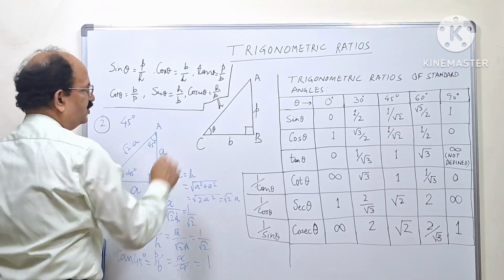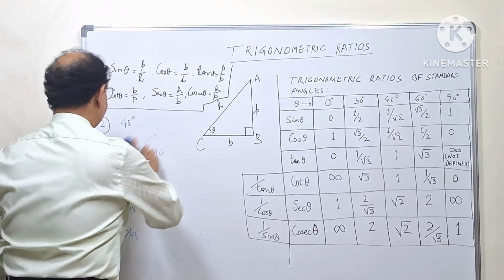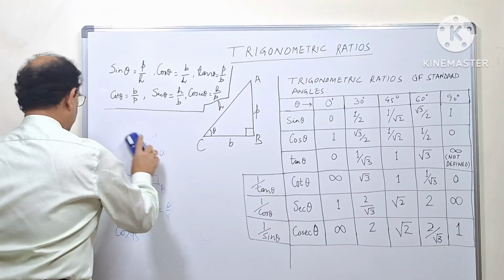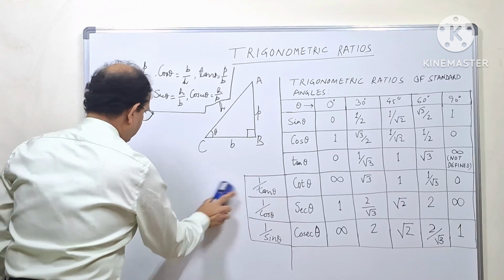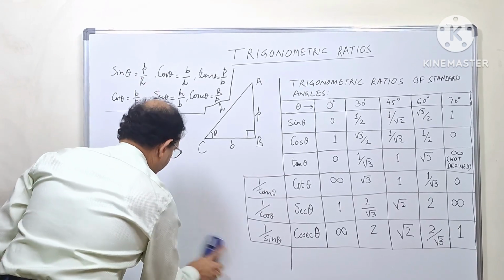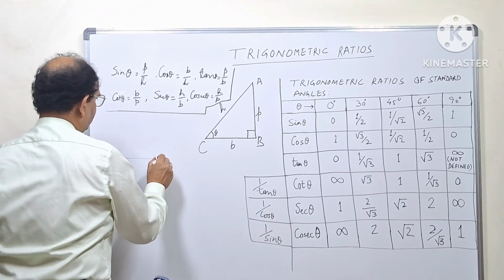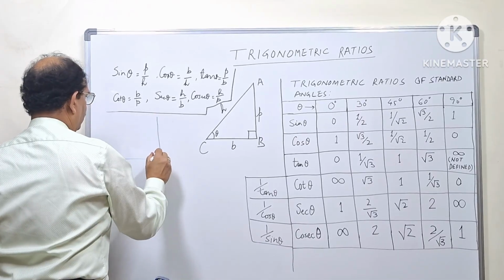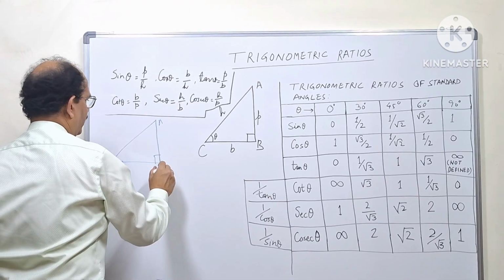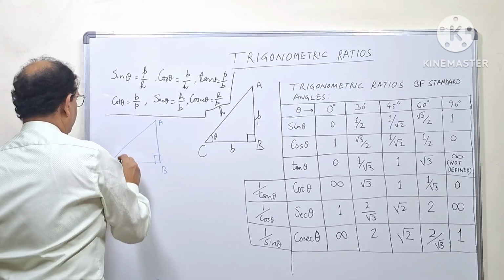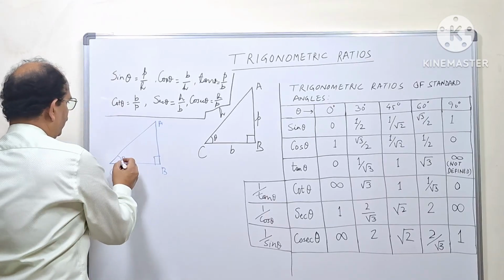Let's talk about the last one remaining, that is 90 degree. If this was the right angle triangle ABC and this is the reference angle theta, what do we do?